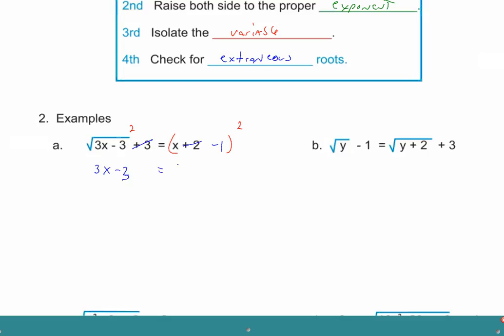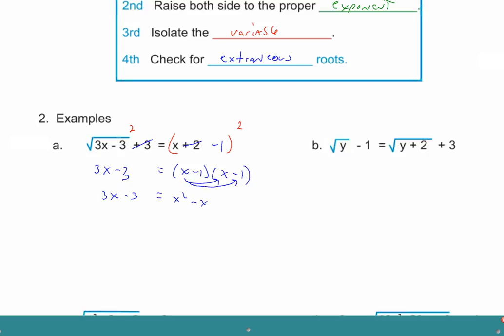I'm going to write it out because it'll help some of you to see it. On the right, you have two binomials. So when you go to distribute, you get an x squared. The middle is going to be a negative 2x, but for some of you, I know saying that won't help.